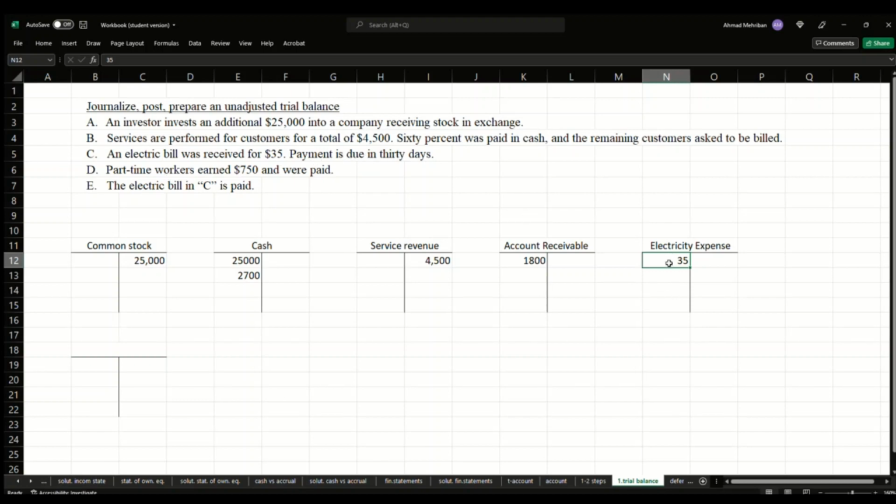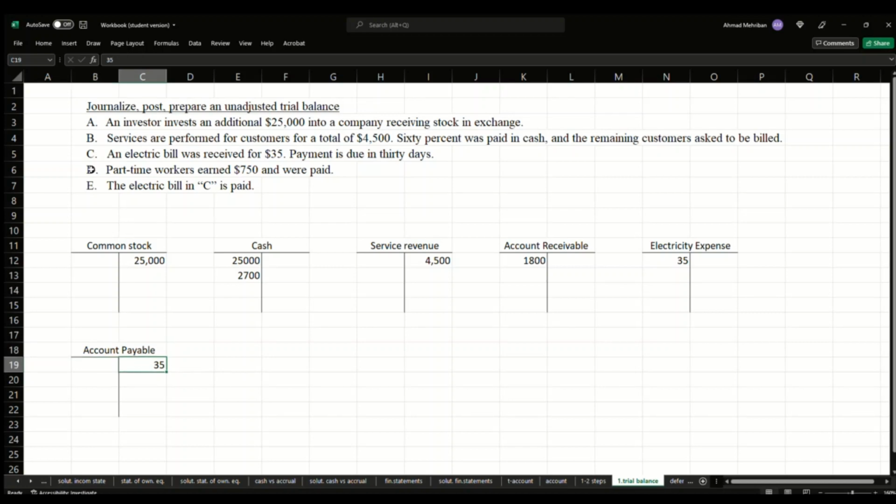This is what I owe, and I haven't paid yet. It doesn't say anywhere here, at least in this line, that it's paid, it only says that I owe it. So I add accounts payable. I need to recognize the fact that I owe this much, and in my books it has to be reflected in accounts payable, $35.